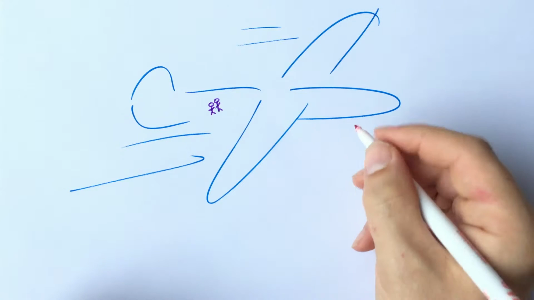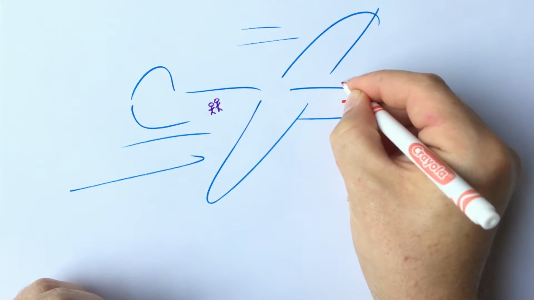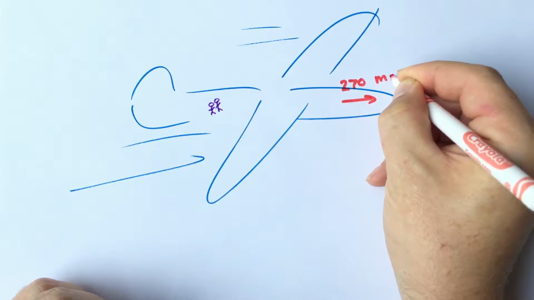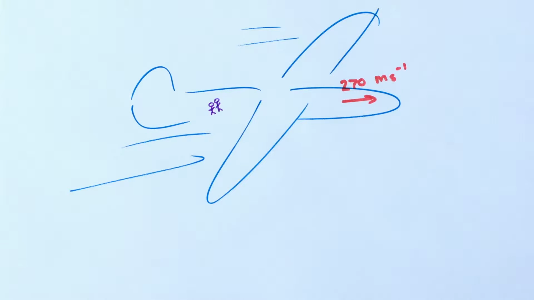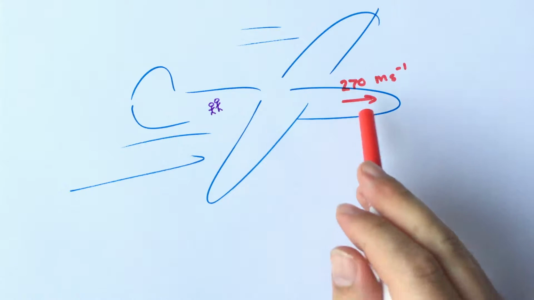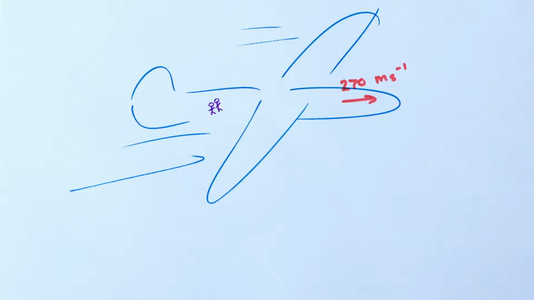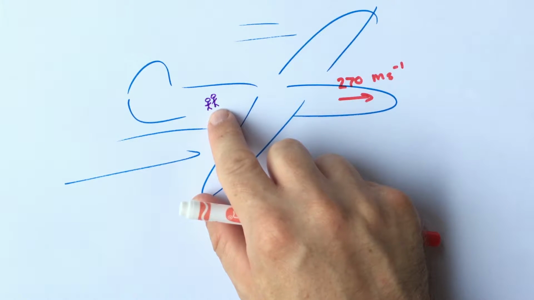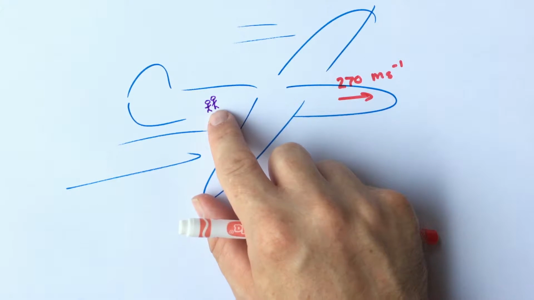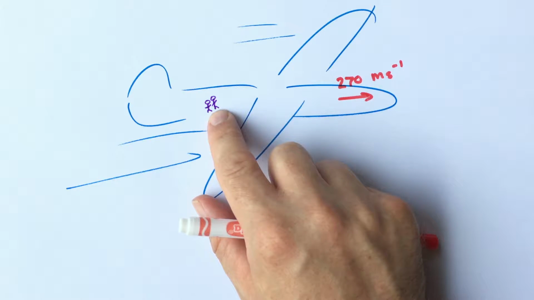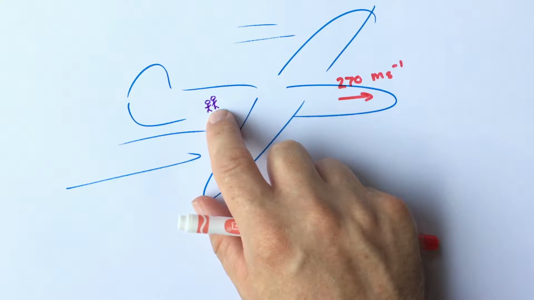And let's say the airplane is going maybe 600 miles an hour, like 270 meters per second, about. It's flying fast, 270 meters per second in some direction. But when you look at the person next to you, even though they are going 270 meters per second, it seems like they are stopped.